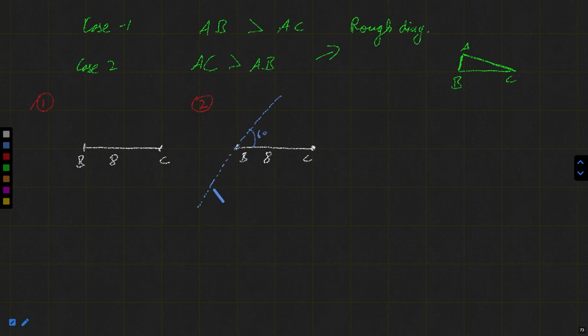Okay, now what? Now let me remind you how we used to construct the 60° angle. So if I want to make an angle of 60°, let's just make any radius arc like this, using a center here, or using compass, and making an arc.